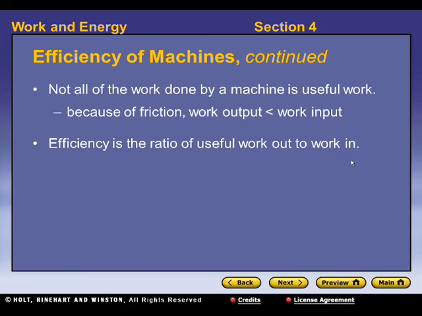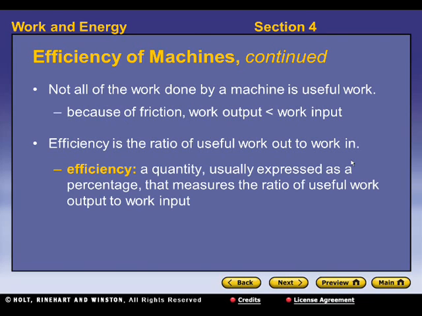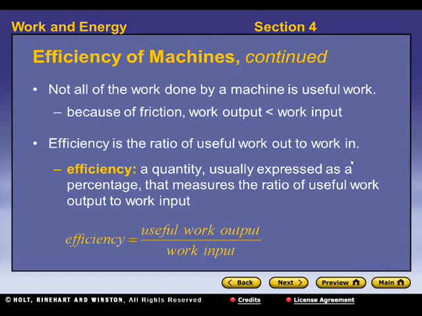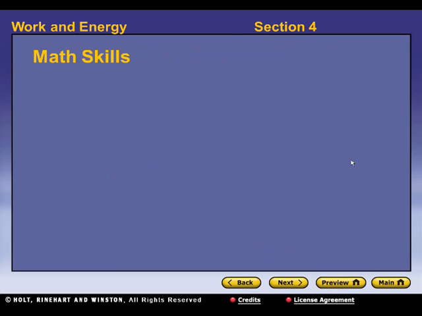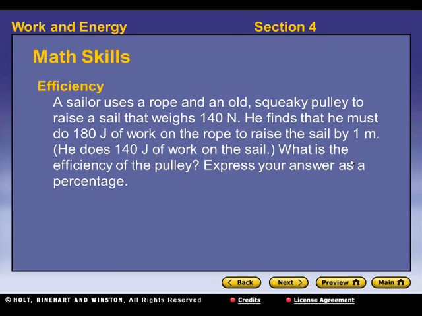So efficiency is the ratio of the useful work out to the work put into it. Efficiency is a quantity, usually expressed as a percentage, that measures the ratio of useful work out to work in. So your equation is efficiency is equal to useful work output divided by work input.